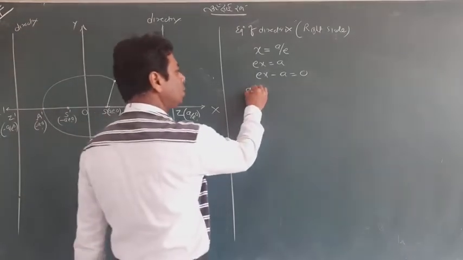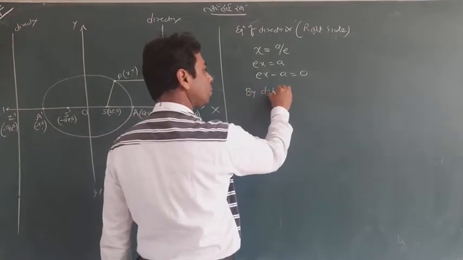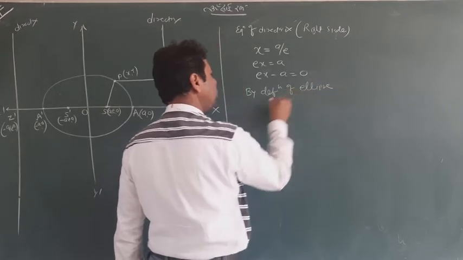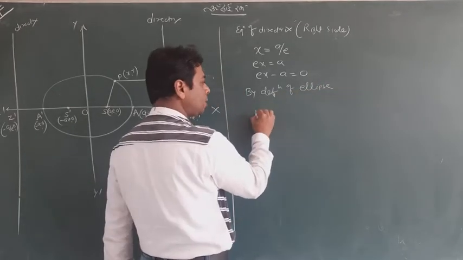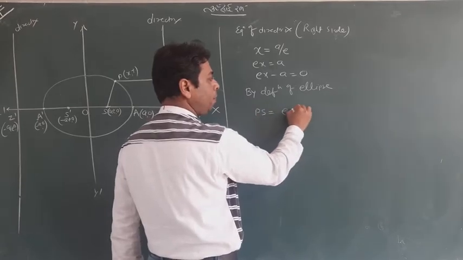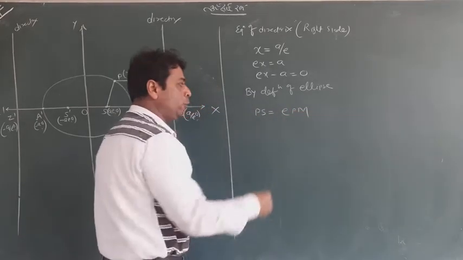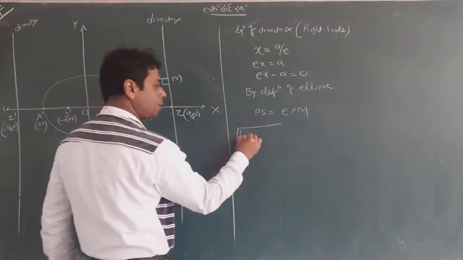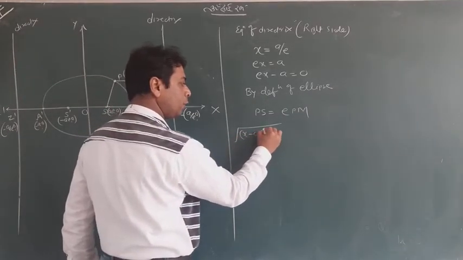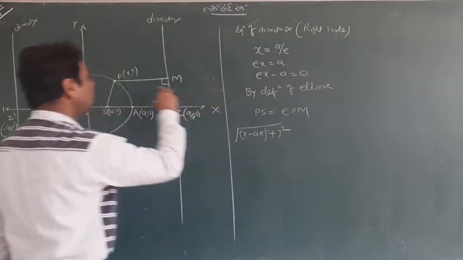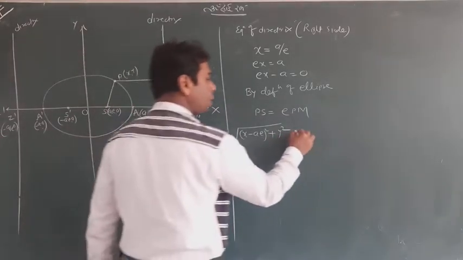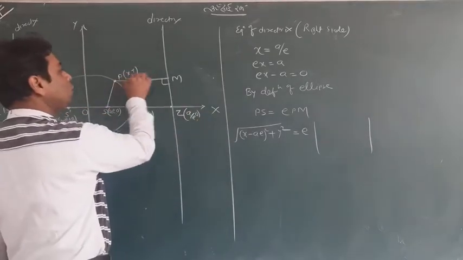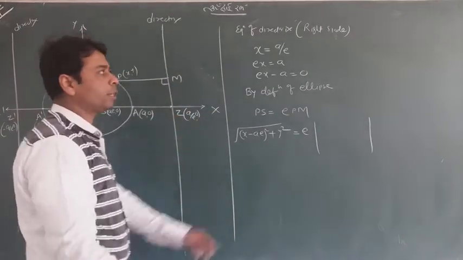Now by the definition of the ellipse, PS equals E times PM. Now you put in the values. PS means the distance from P to S: the square root of (x minus AE) whole square plus (y minus 0) whole square, equal to E times PM, the perpendicular distance from P to M, the directrix, which you already got.